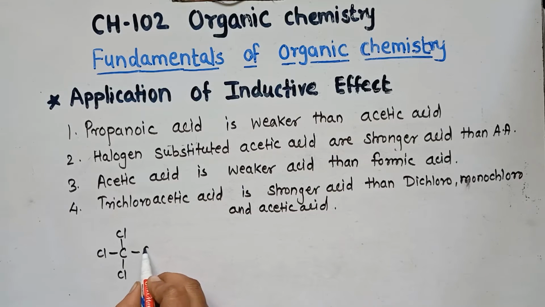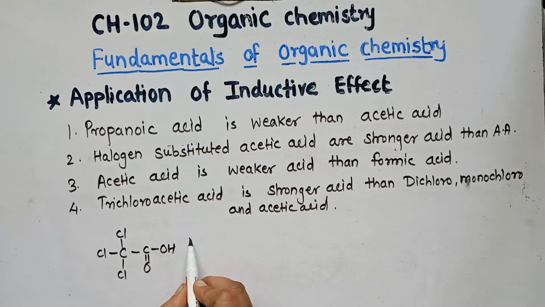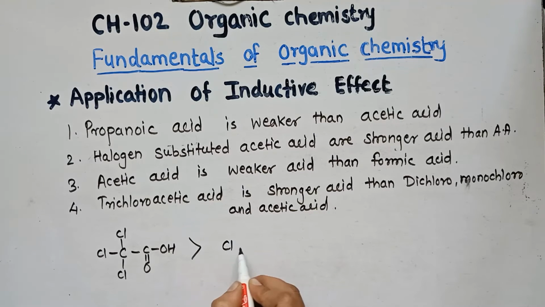So trichloro means this is the structure of trichloro, meaning 3 chlorines are attached to this carbon. Then dichloro means 2 chlorines are attached.